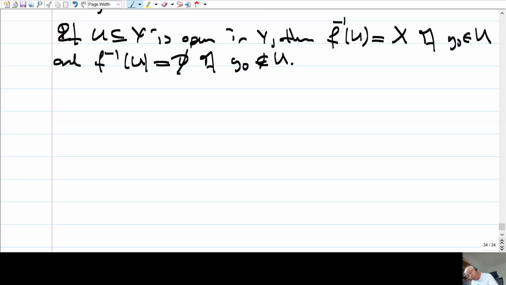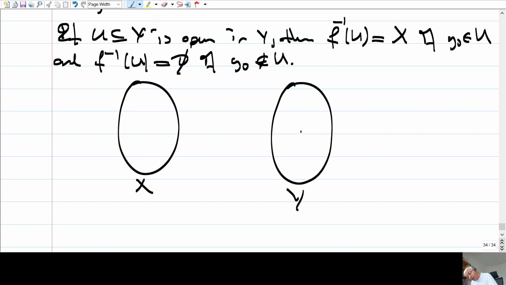So let me draw you a picture. And here is y0. Everything is mapped here. All these points are mapped to this single point, okay?